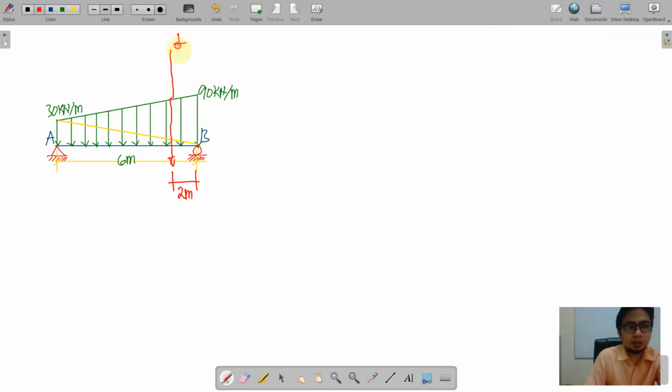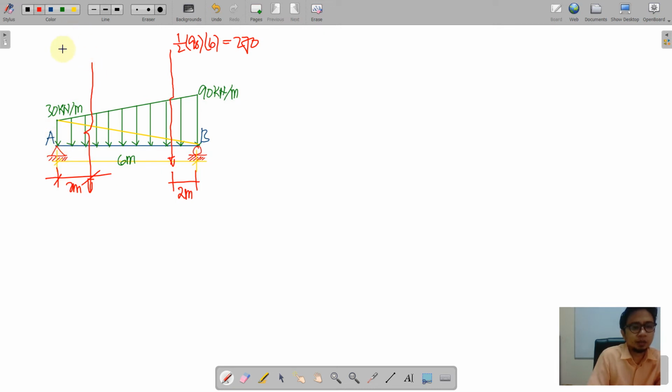So for the resultant of the larger triangle, I'll just resolve that one on the center of gravity that is located, this is 2 meters, okay, from the height. So that is the location of that. And then just apply the triangle formula, 1 half 90 by 6. Okay. So we have 270. Okay, so similarly, I'm going to resolve the other triangle on its centroid 2 meters from the height.